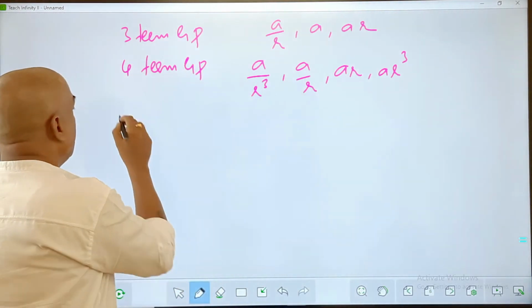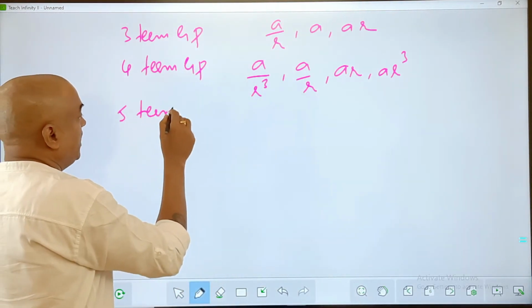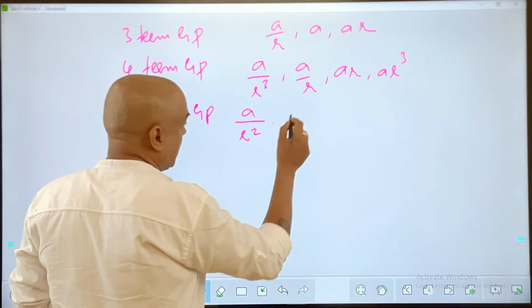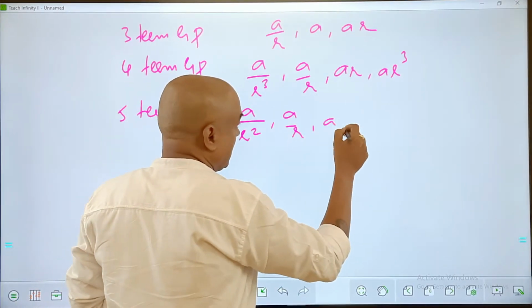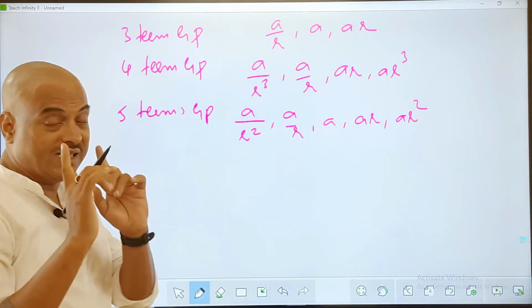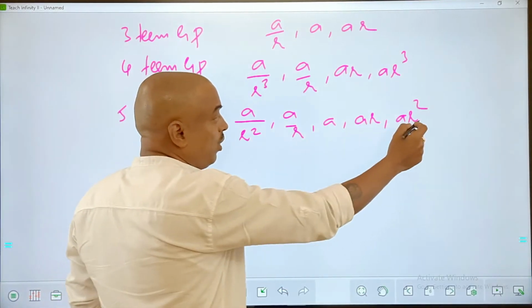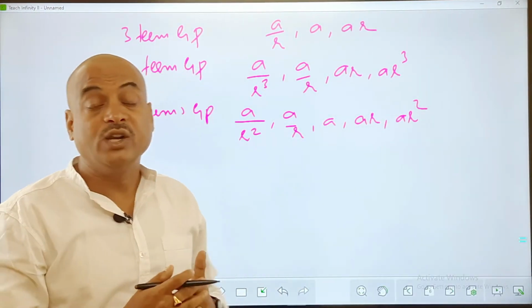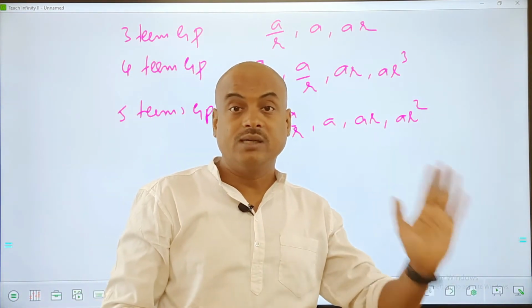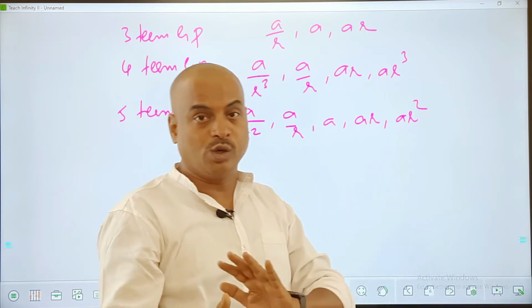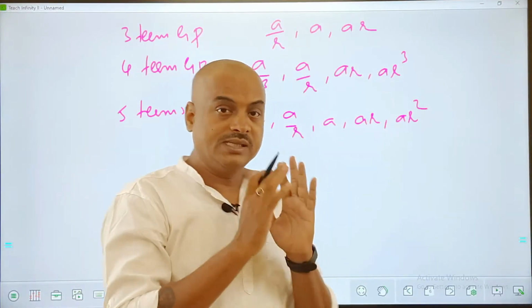If it is 5 terms, friends, 5 terms in geometric progression, then A by R square, A by R, A, AR and AR square are the 5 terms. Basic idea is the same. If I multiply all, then R square gets cancelled, R and R get cancelled, I get the value for A. So these terms are designed to get the value of A. Whether it is arithmetic progression or geometric progression, the purpose is the same.